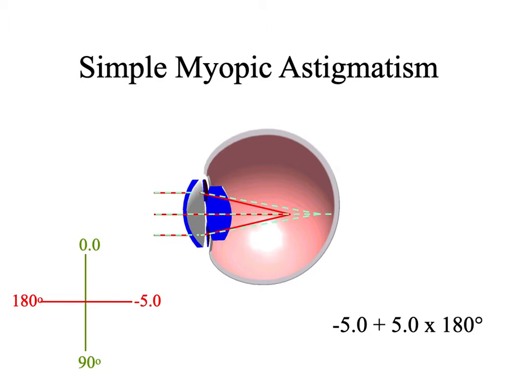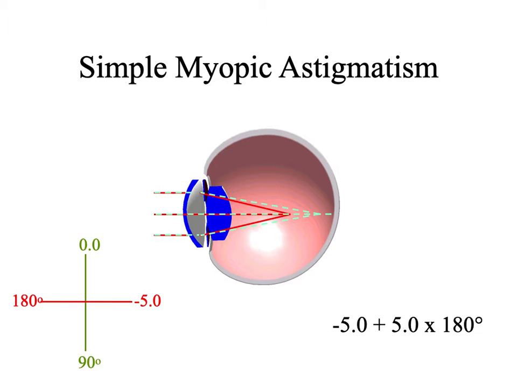The red lines, and you see that they focus in the vitreous. Or we can take a vertical cross-section through the eye, and you see that these rays of light converge at the retina. If one of the sets of rays of light converge on the retina, then we're going to describe that astigmatism as being simple.